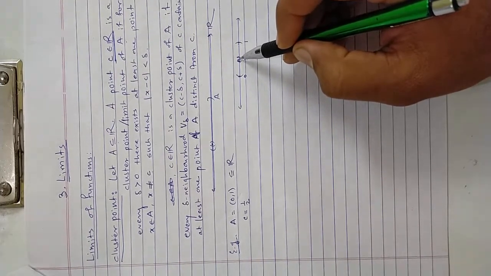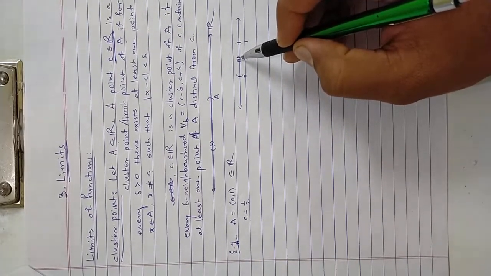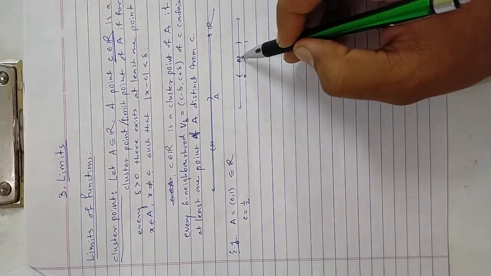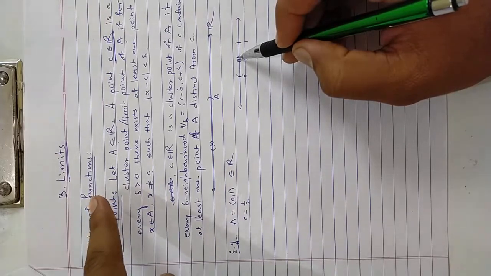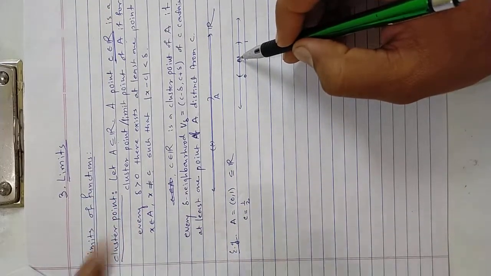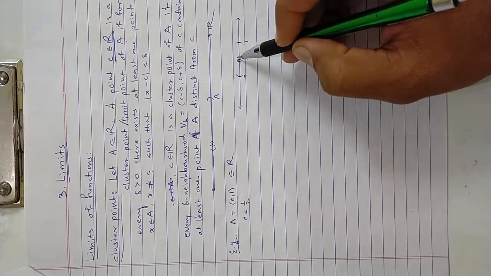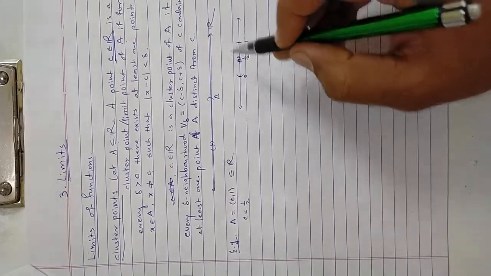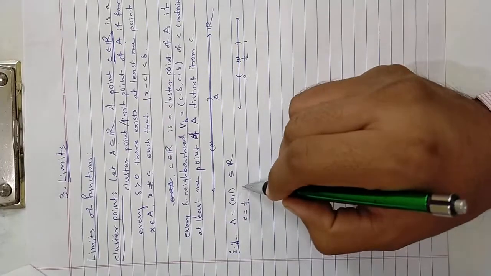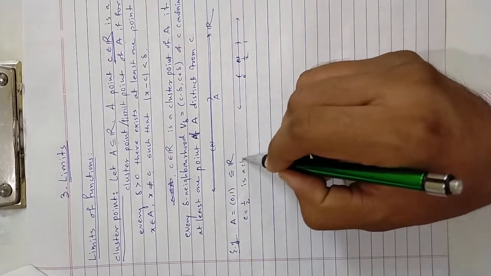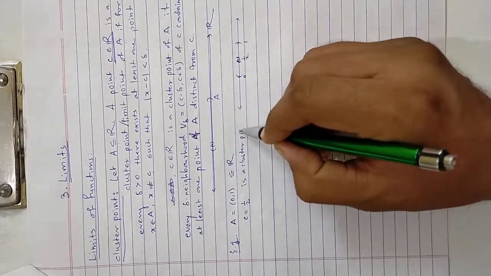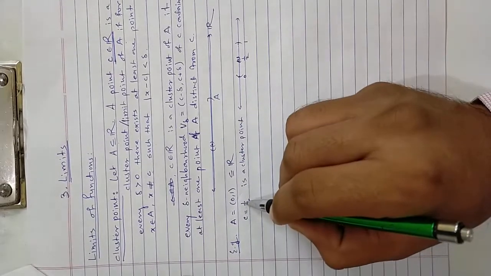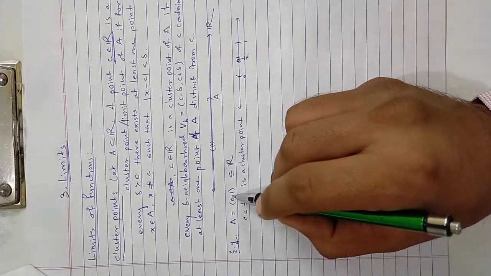So however small a neighborhood you draw about a point C, there are infinitely many points, and from this definition what we want is at least one point other than C in the neighborhood. So it is a cluster point, and note that this C equal to half is a point of set A.